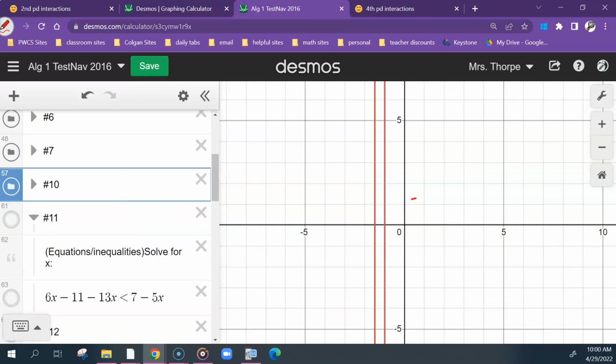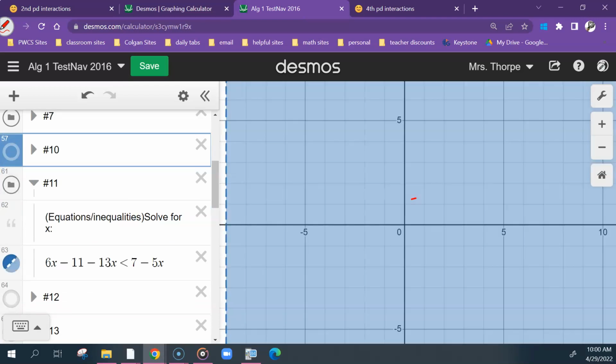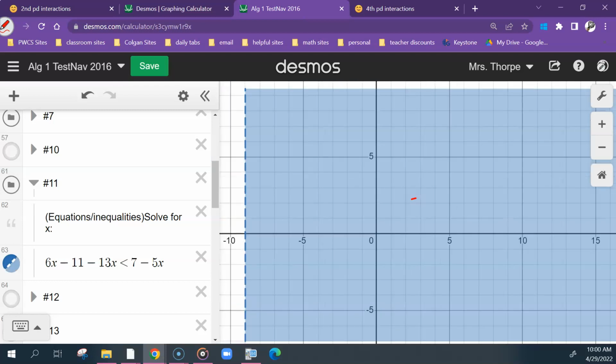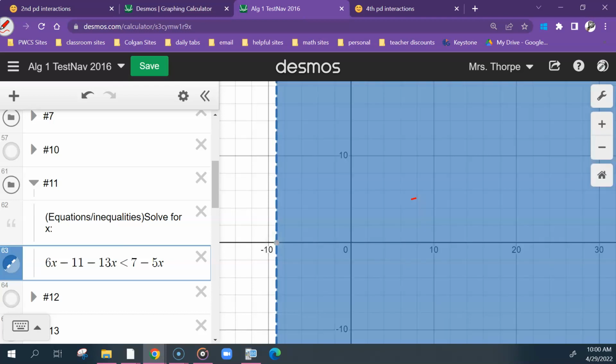For questions like 11, where you have equations or inequalities, if you put it in as an inequality, it'll graph it for you. So this would be greater than, find the solution where it crosses the x-axis, that'll give you the point.